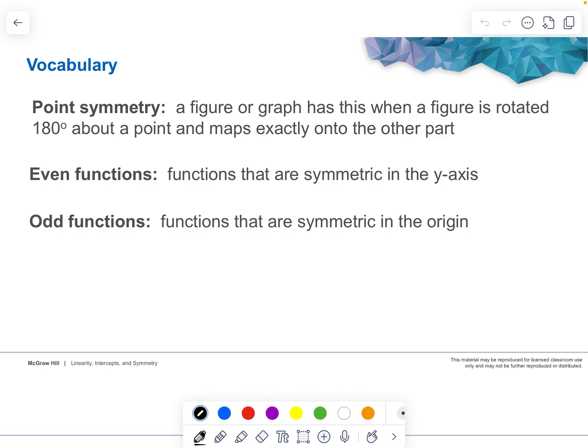Even functions are functions that are symmetric in the y-axis, and odd functions are functions that are symmetric in the origin. Again, pause and get all of that recorded in your notebook.